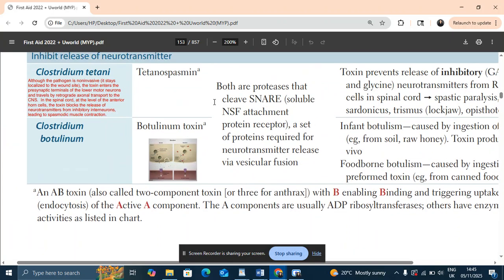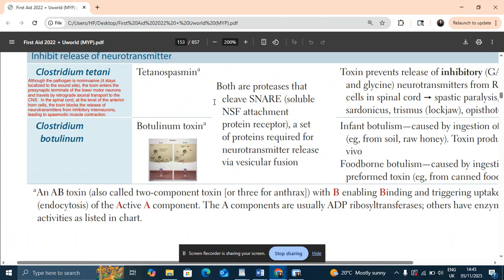Now let's talk about what cases you can get in the exam. You should remember those buzzwords. If there is a case that says a 7-month-old or 6-month-old baby with constipation and poor suck, floppy baby, and a history of raw honey exposure, think about botulism.